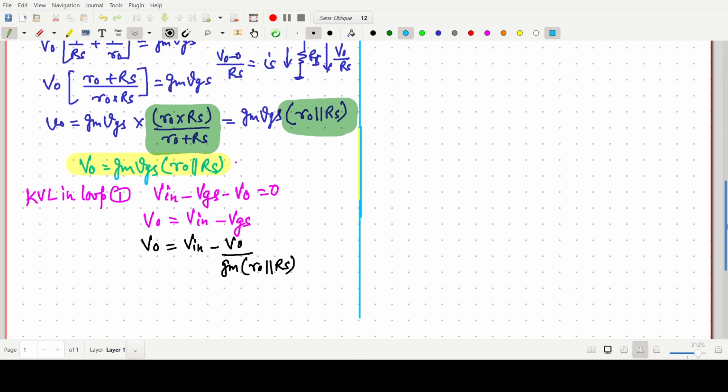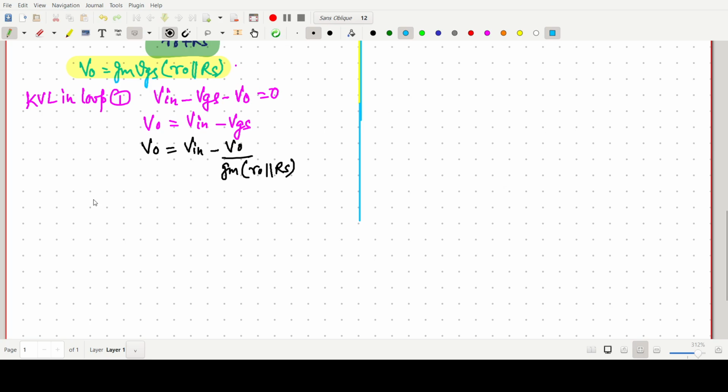So then after, what we can write, this V naught will be 1 plus gm R naught parallel with RS, okay, equals V in. Simple calculation.